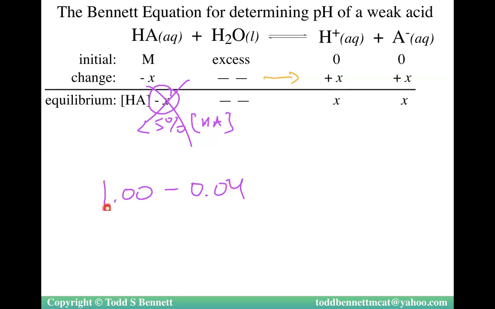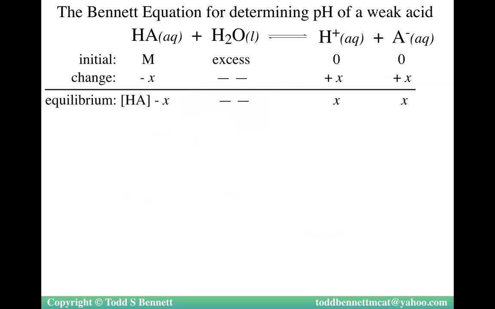So 0.04 is 4% of 1, so it's less than 5%. So if I do that, I'm going to get 0.96, which if I round, will round up to 1.00. So anything that's less than 5%, in theory, if going to 2 sig figs, will create a number that when rounded is the same as what you started with. So it's our general rule. We're going to use it.